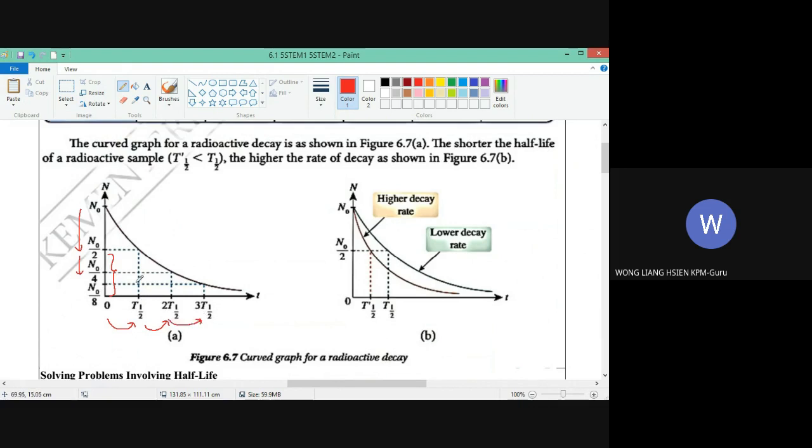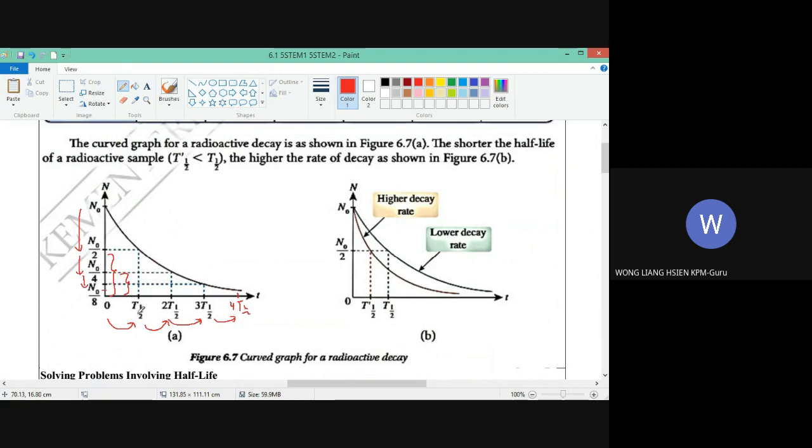After another half-life, it will decrease from here to here, by half. After another half-life, from here to here, decrease by half again. So after every half-life, it decreases by half.